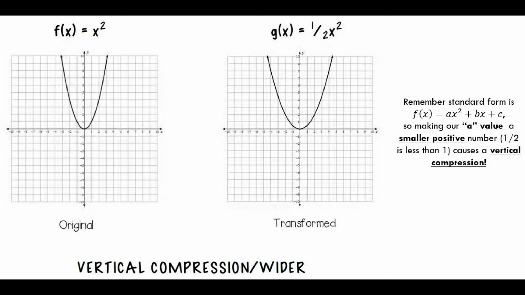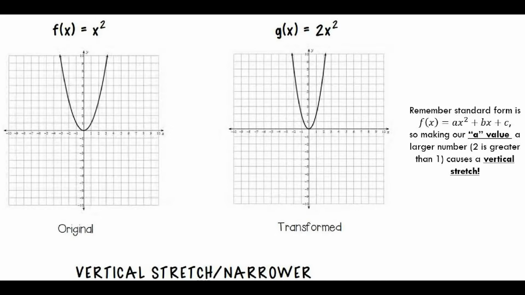And then we're going to talk about vertical stretch. Okay, so for a vertical stretch, we're changing a again, but this time we're making it a larger number, which is going to cause my graph to be more narrow. So my original a value is 1, since it's just x squared.